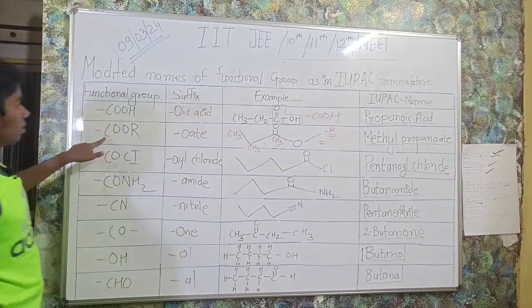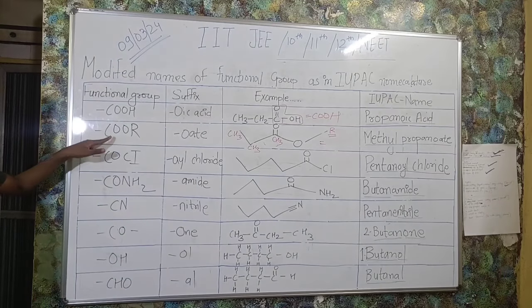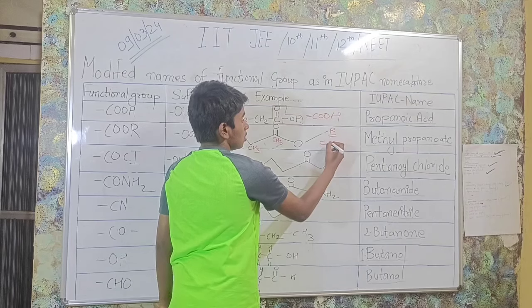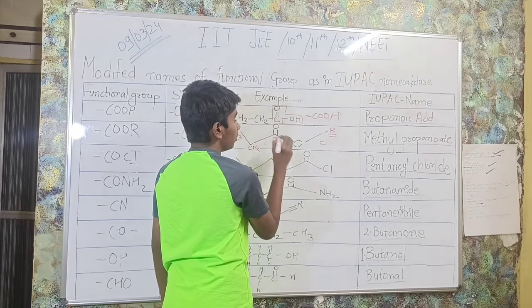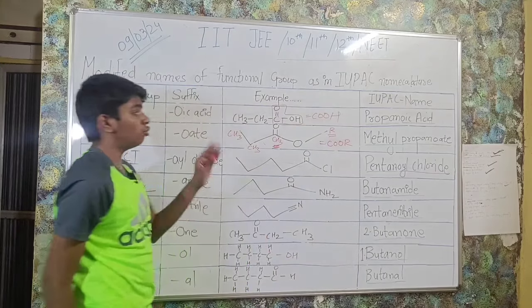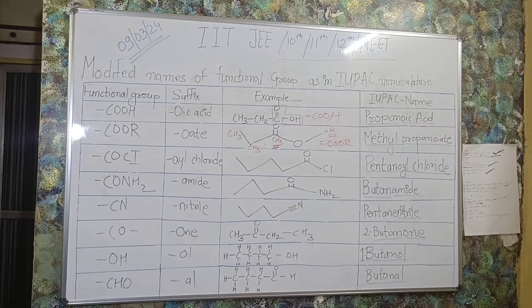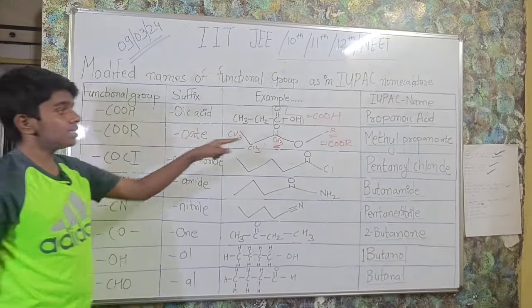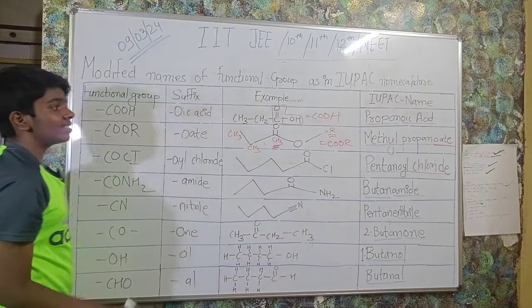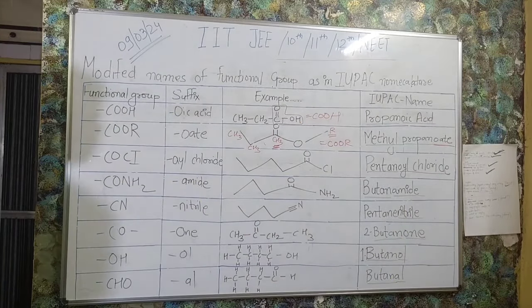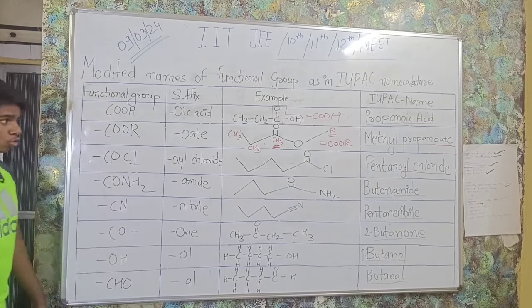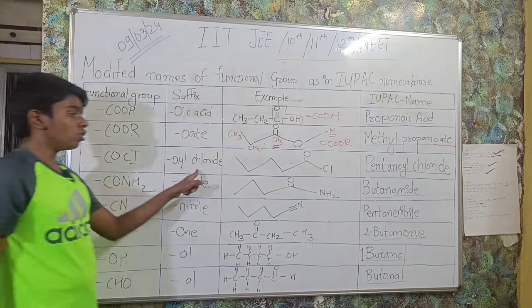In this functional group there is COOR, oate, and this is carbon one. So COOR you have to write directly. For that the root word is the red part and we read it as methyl propanoate.